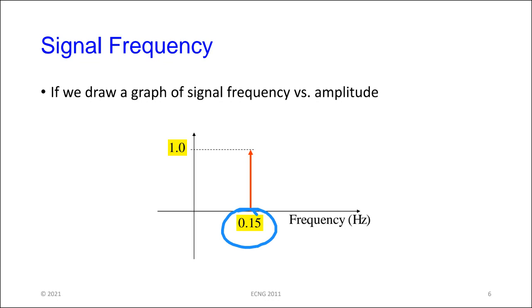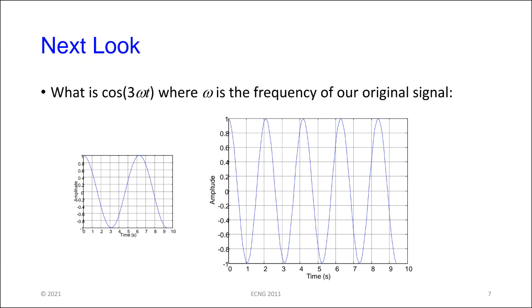And then if the first one was cosine omega t, and I ask you what is cosine 3 omega t, this one, if the first one was a frequency of 1/6 or about 0.15, is going to be 3 times that. Yeah, it's about 0.45.